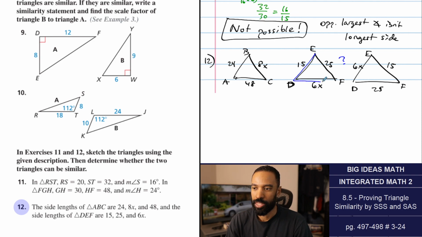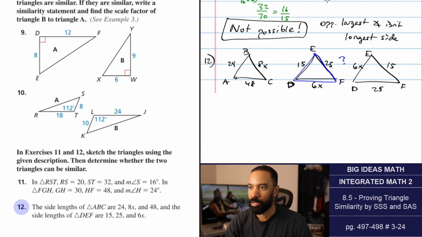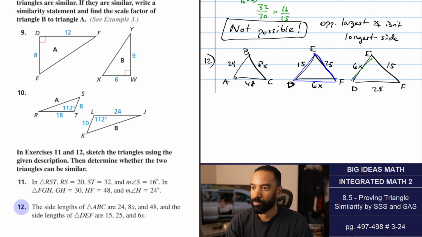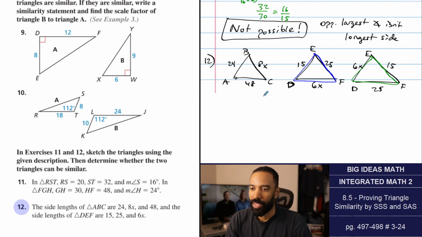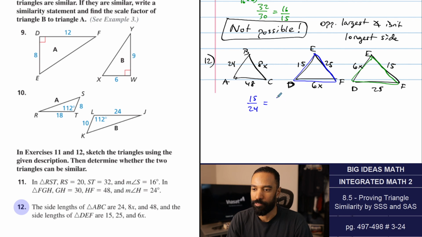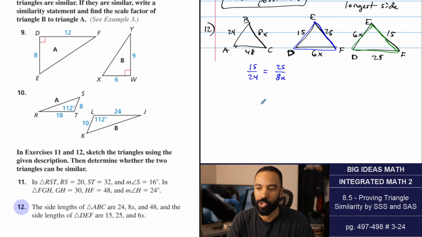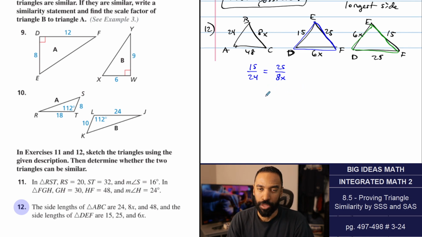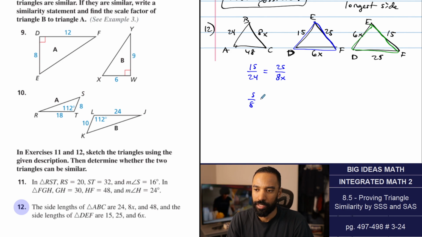Let's try both of these. Let's start with this one in blue, and this one will be a green test. Let's see how 15 to 24 works alongside 25 to 8x. 15 over 24 also reduces, dividing by 3, to 5/8.